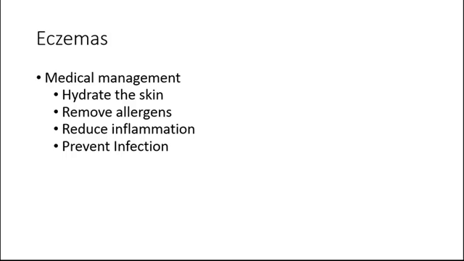When you see people with eczemas, they have very dry, flaky, irritated skin. It's itchy. They have a lot of pruritus, and so they do a lot of scratching, and because it is so dry and it cracks, they're at great risk for infection. The inflammation usually is reduced through the use of corticosteroids or steroids.